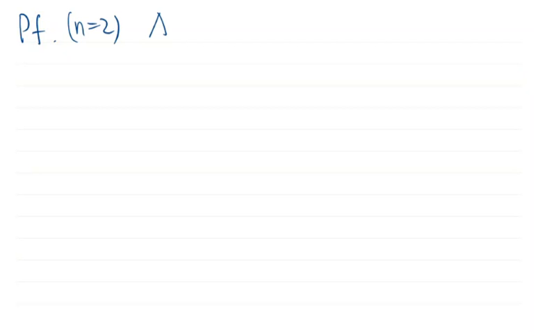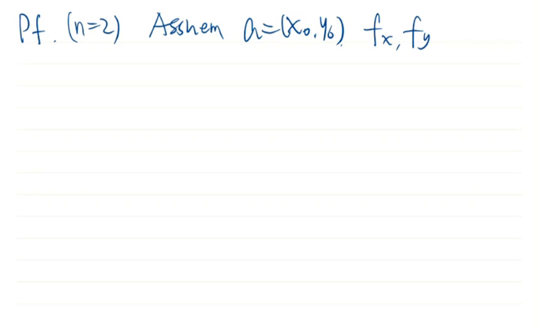Assume A is (x0, y0), and the partial derivatives with respect to x and with respect to y are defined in the neighborhood of A, that is (x0, y0), and by our assumption, these two partial derivative functions are continuous at A.